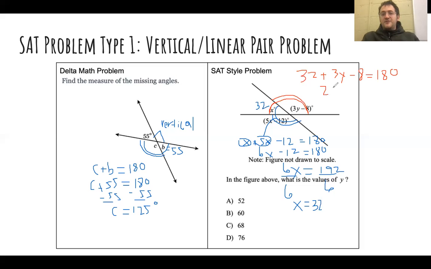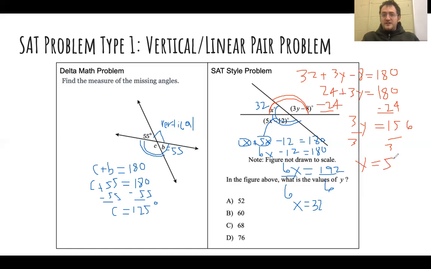So that's going to be 24 plus 3y equals 180. And we're just going to subtract the 24 on both sides. So I'm going to get 3y equals 156. And we're just going to divide by 3. And we get that y is equal to 52.